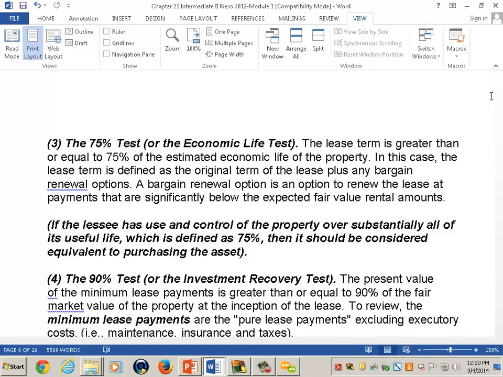So going back to the theory, we're basically saying that if you hold the asset for 75% of its life, you're definitely capturing substantially all of its rewards, and absorbing substantially all of the risks of ownership, right? Take an auto lease. That's kind of like holding the car for 7.5 years.